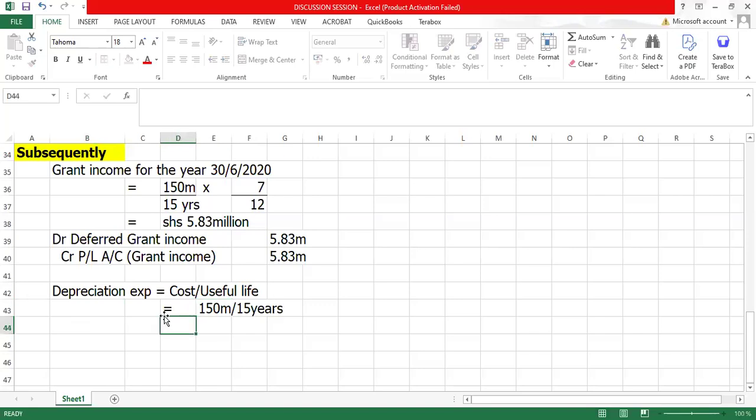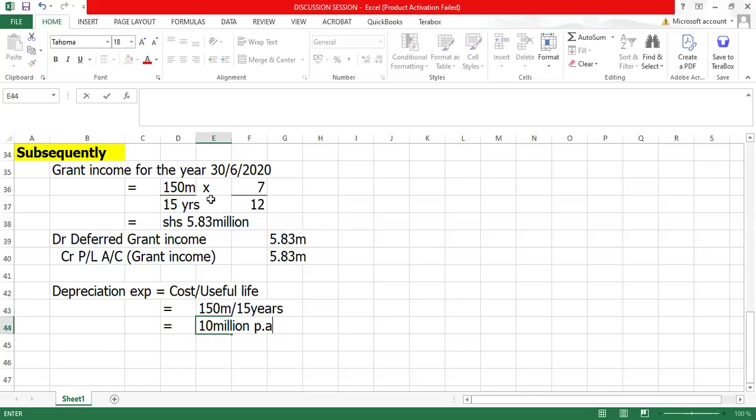So the depreciation per year is 150 divided by 15, that is 10 million.